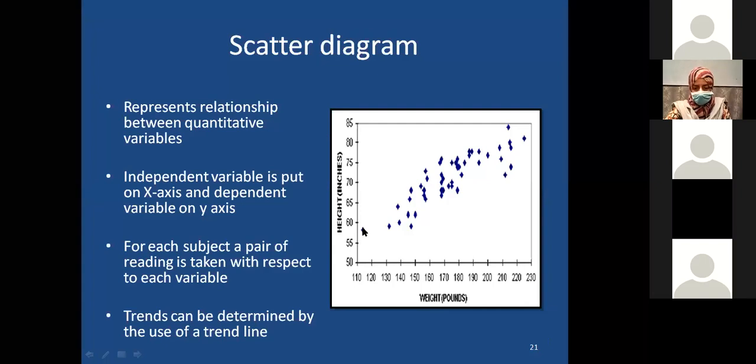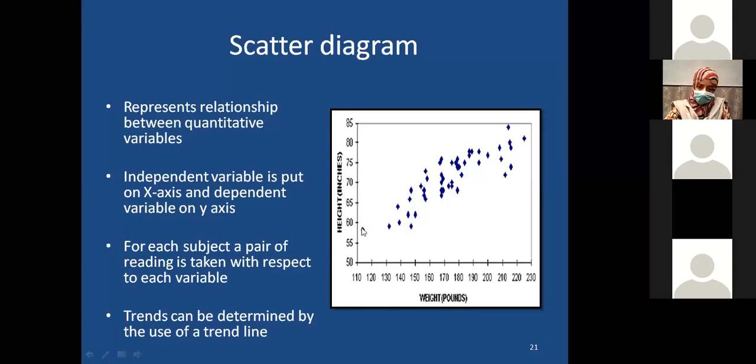And this one point represents one piece of information, one person. For example, if you have the weight in pounds of people here, this one person, his weight was 110 lb and his height was around 58 inches.